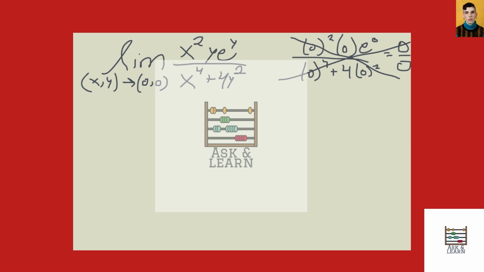So what we can do to check if the limit even exists is see whether or not the limit value is the same from all directions. What that means is (x, y) is just an arbitrary point, and it can approach (0, 0) from an infinite number of directions in an infinite number of ways.